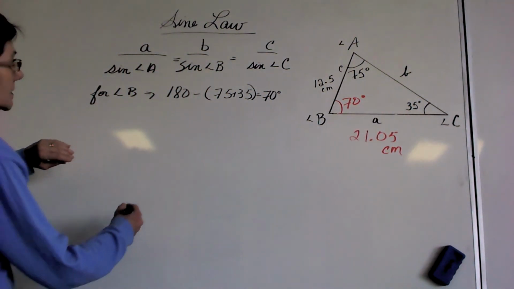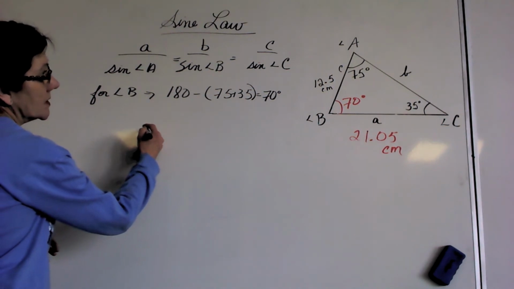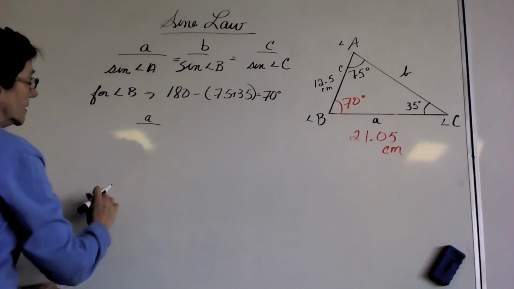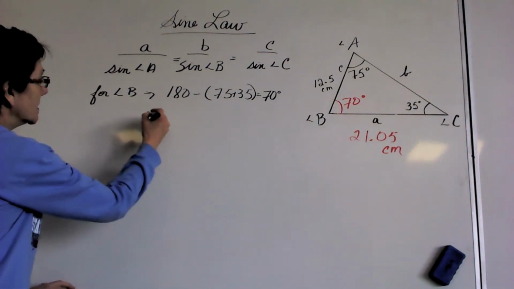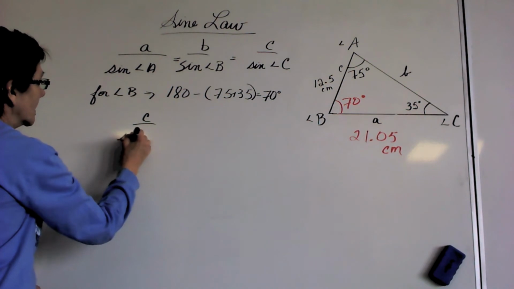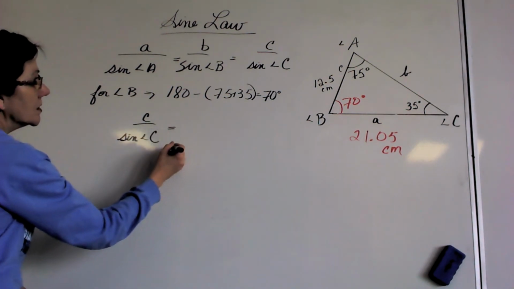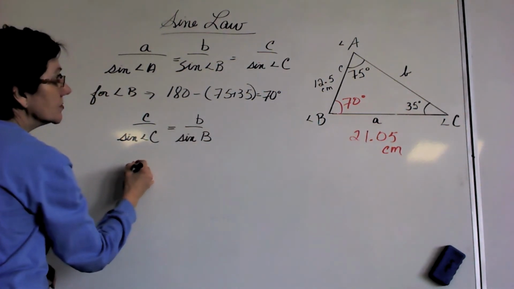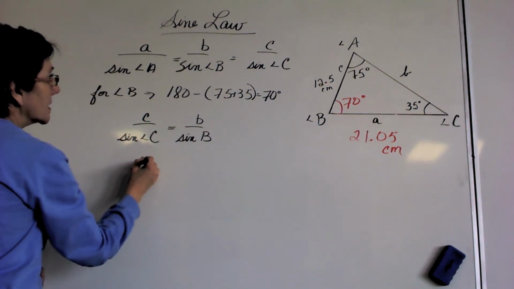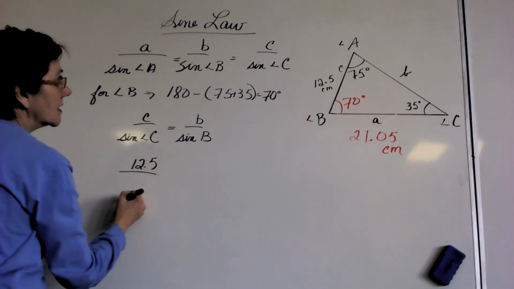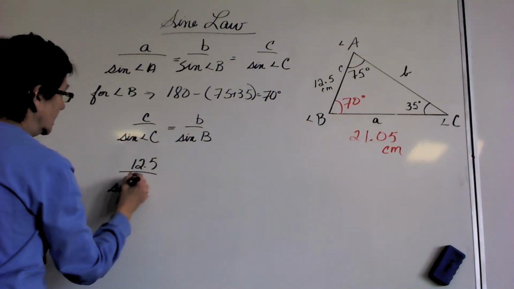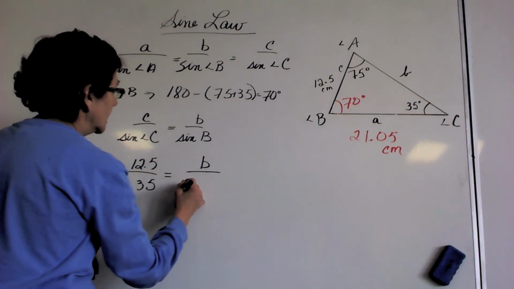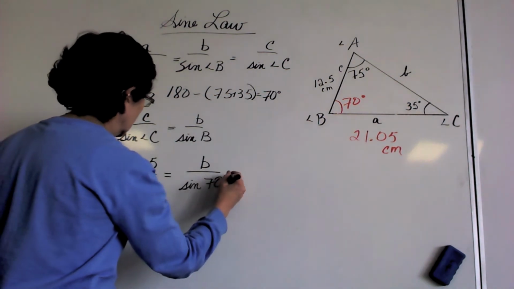All right, let's write up the equation. We decided we're going to use C and C. Side C over sine of angle C equals side B over sine B. Substitution: side C is 12.5, sine of angle C is sine 35, that equals B, our unknown, over sine of 70 degrees.